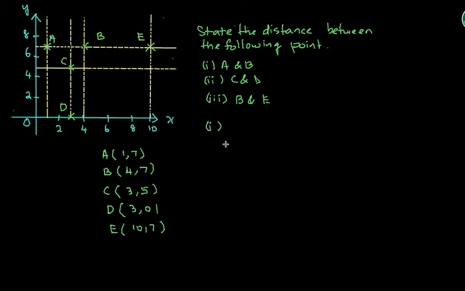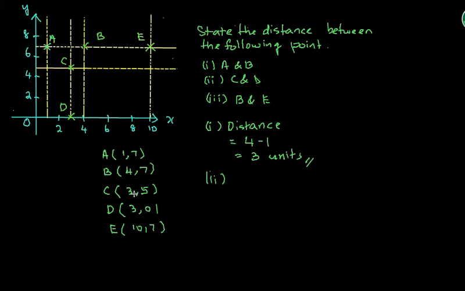In this case, you just find the difference between their x coordinates. So the distance will be 4 minus 1. It's very easy, right? 4 minus 1, you get 3 units.